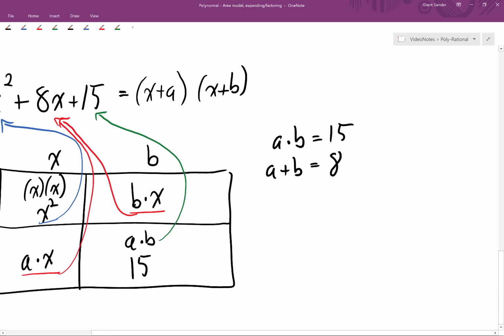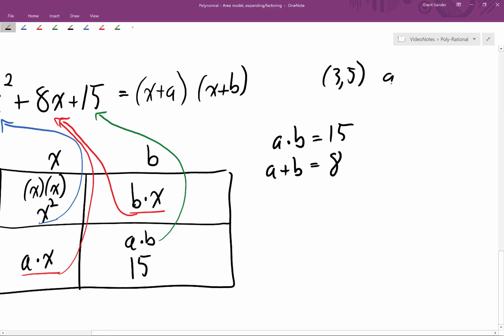Think about this a while. The only pairs of integers that multiply together to give us 15 are 1 and 15 or 3 and 5. Now 1 plus 15 is not equal to 8, but 3 plus 5 is equal to 8. And therefore, our pair of numbers should be 3 and 5.